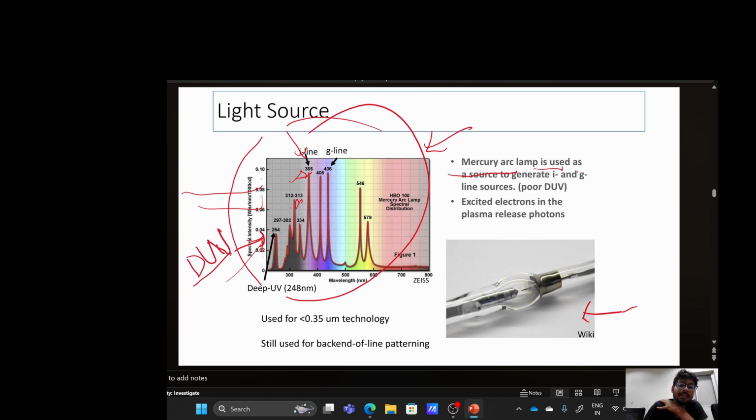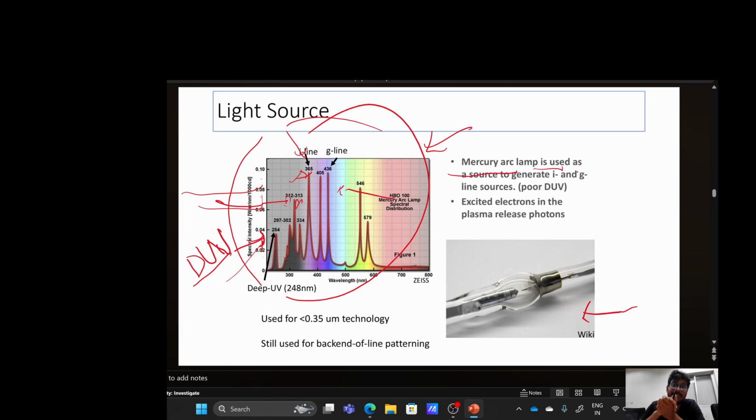These multiple spectral lines, because of chromatic aberration of the lenses, will give us an imperfect pattern transfer. This is kind of white light, because all the wavelengths are available. We cannot do photolithography with white light, and also the photoresist is wavelength dependent.